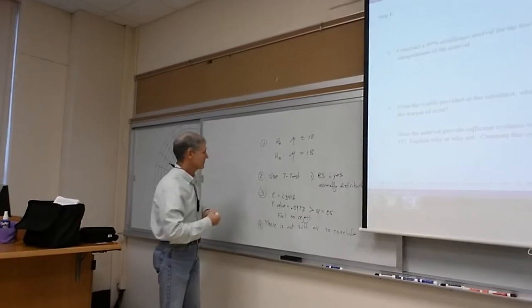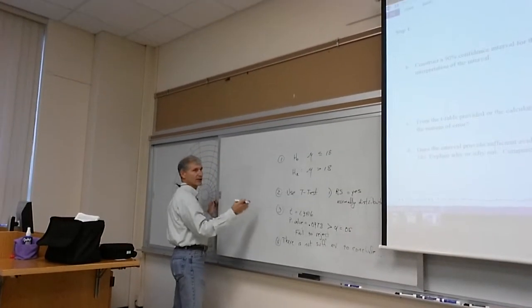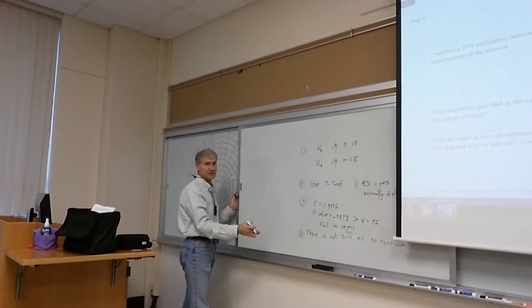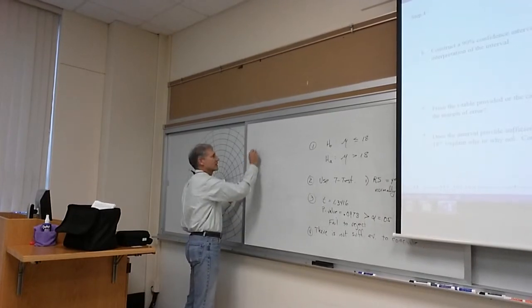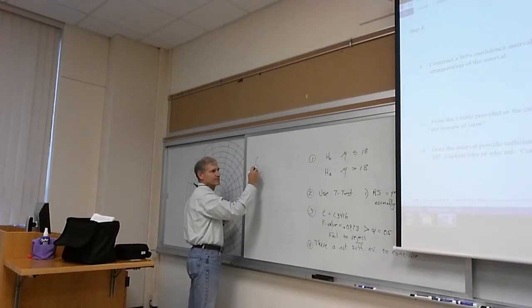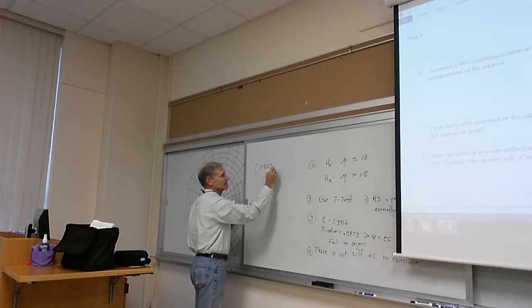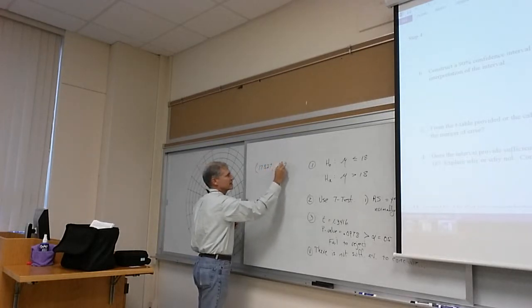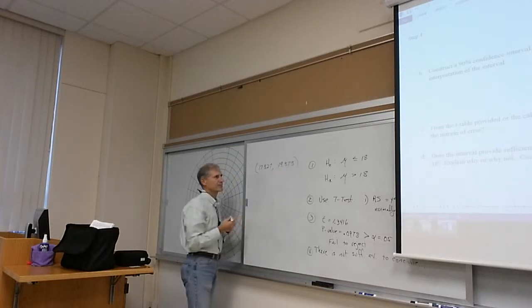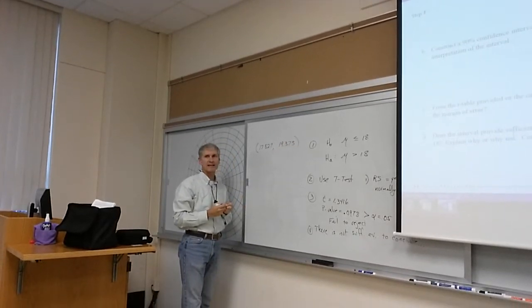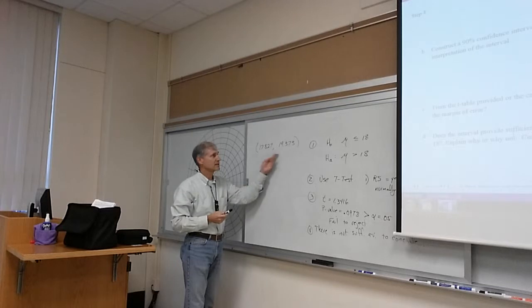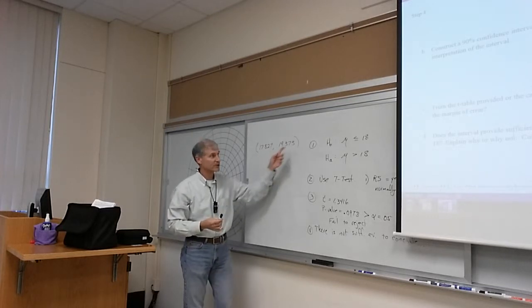But I won't go through the whole thing on how you enter the data because it's probably still already in your calculator. What do you get for that interval? 17.827 to 19.373. What do you notice about the number 18? It's in this interval. So you fail to reject the null.